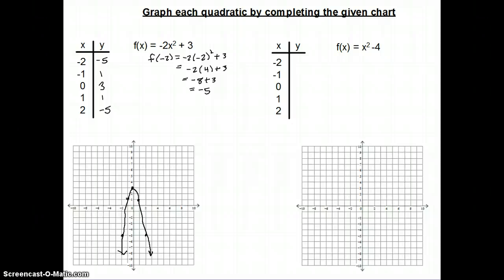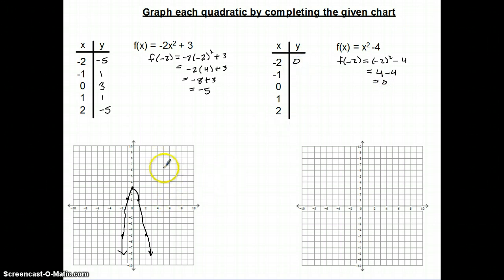Okay, on the next example, we are going to solve for our y values, starting with f of -2, which equals (-2) squared minus 4, which equals 4 minus 4, and we get 0.